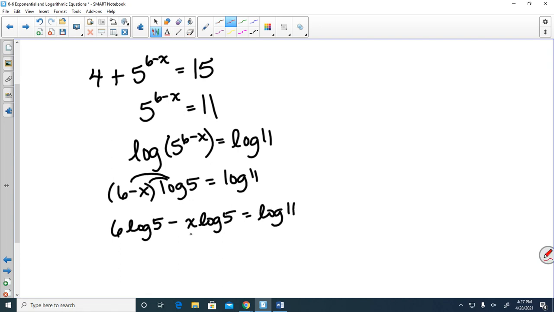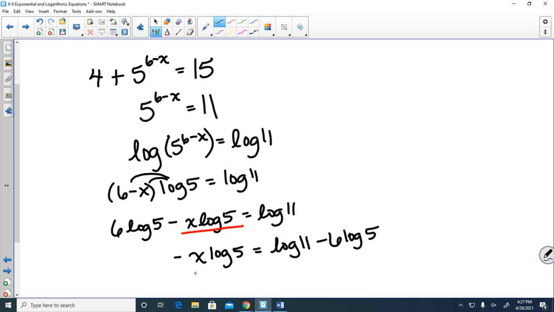I noticed that the term with the x is right here, so I'm going to subtract 6 log 5 on both sides. Negative x log 5 equals log of 11 minus 6 log 5.